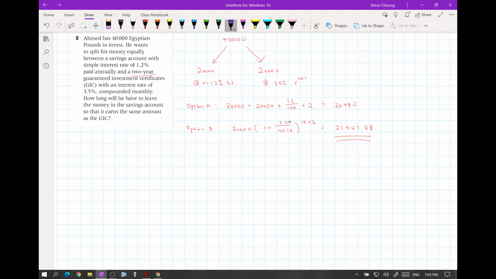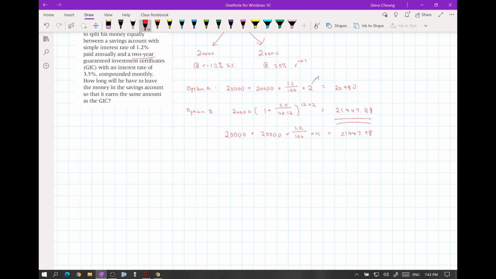So the only thing that we can change is the number of years. So we will make that a variable. We'll just call that n instead. And we want that to equal the GIC's amount. So here, I'm going to do a lot of stuff. I will move the 20,000 to the right.